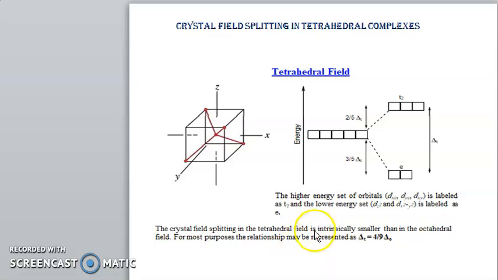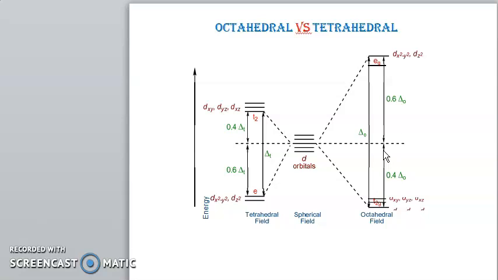So this is the difference between octahedral and tetrahedral complexes, and here we have seen the crystal field splitting in tetrahedral complexes.